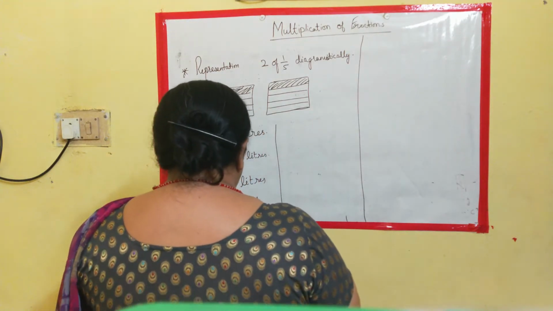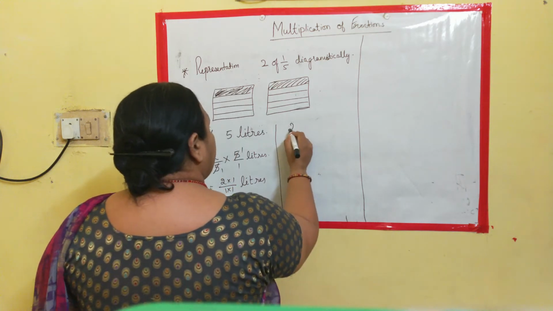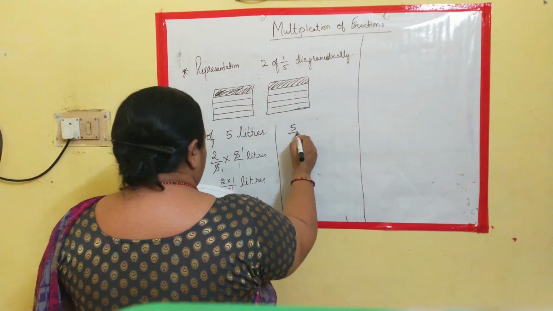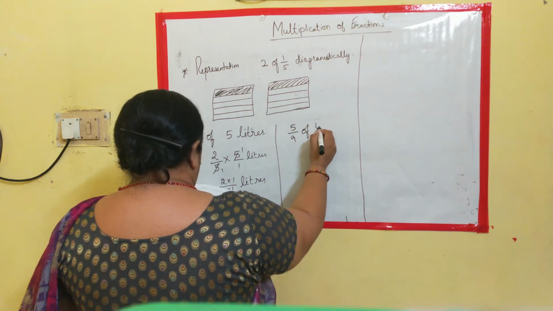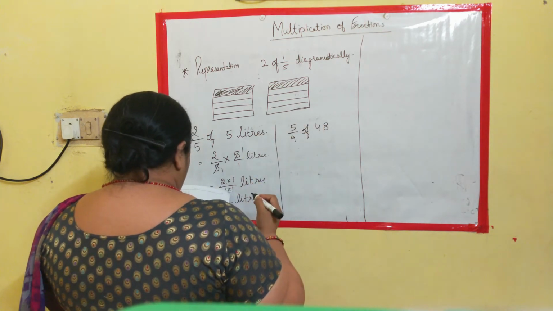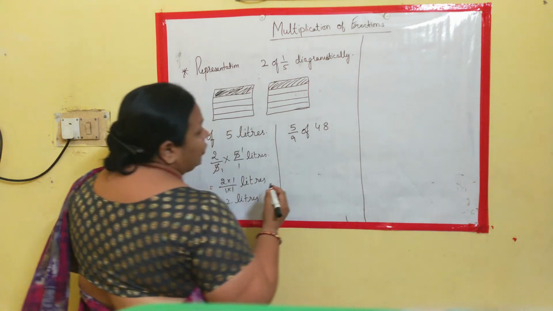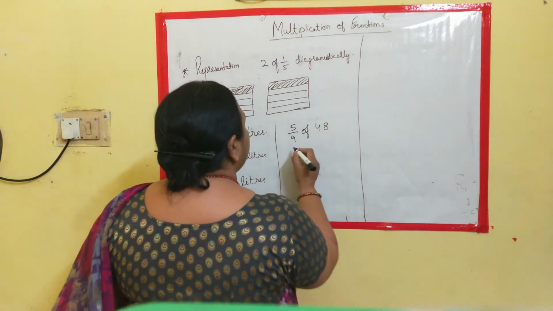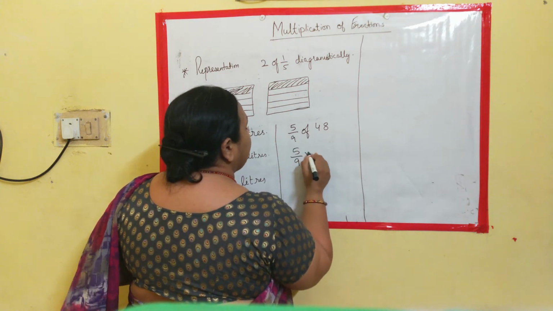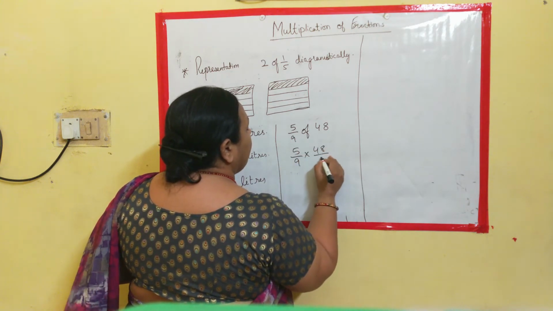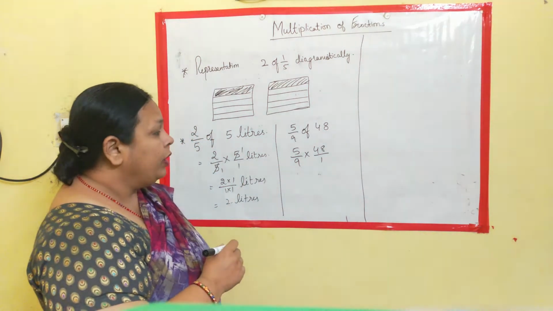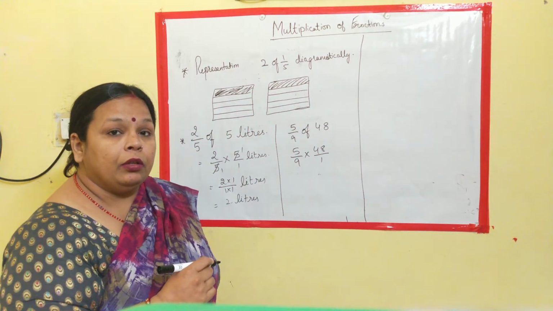Now the next question is, find 5 by 9 of 48. It's 5 by 9 into 48 by 1. So is any cancellation possible over here? 9 and 48?